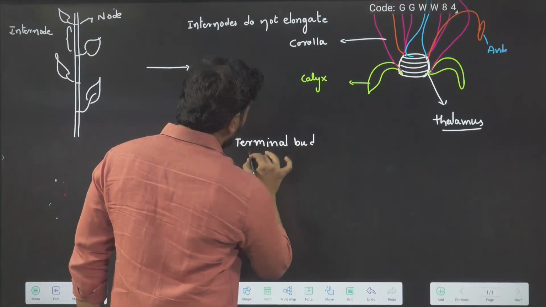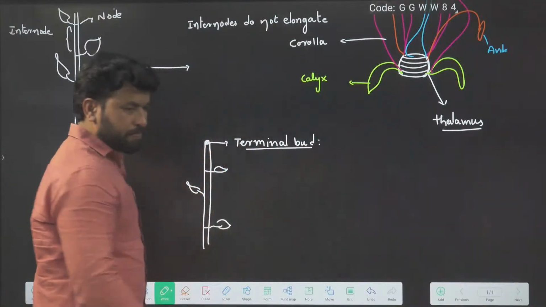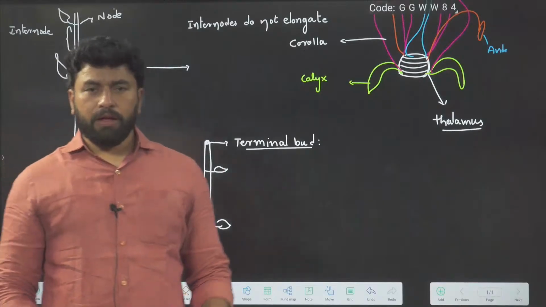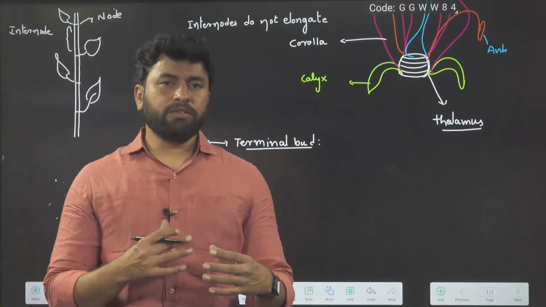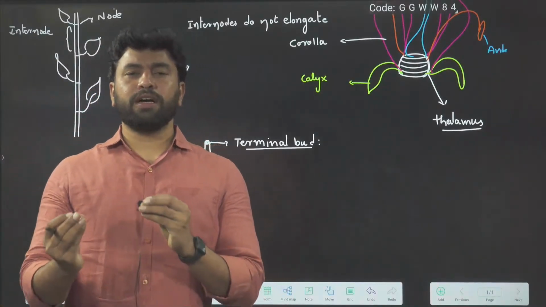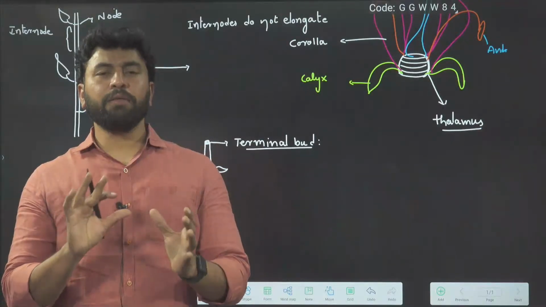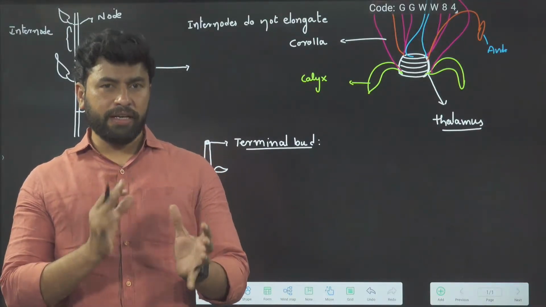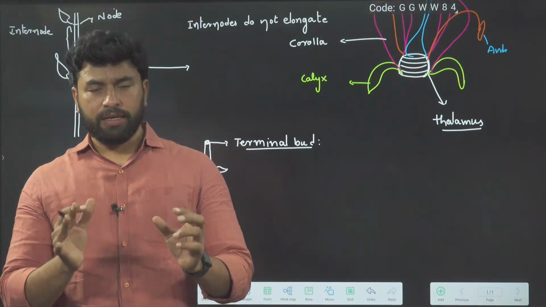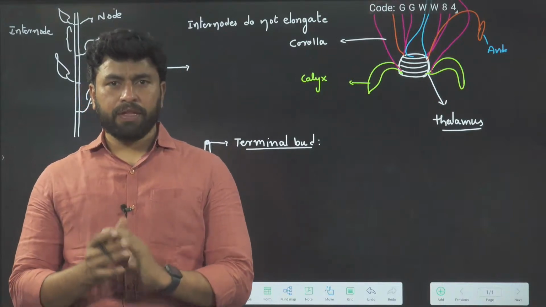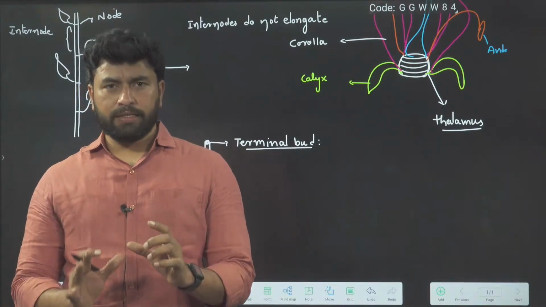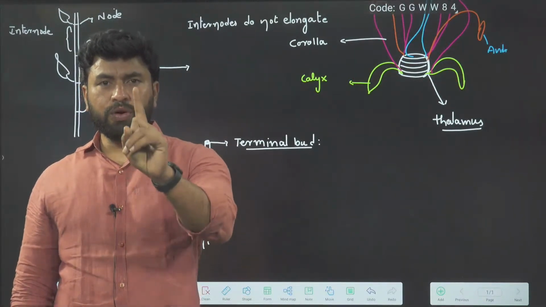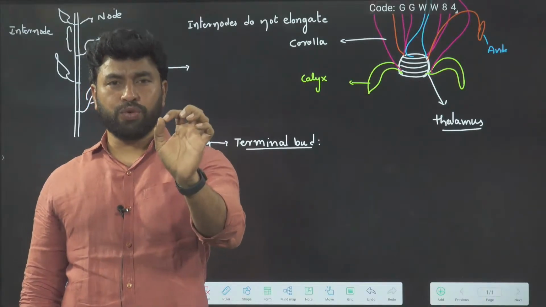If a terminal bud is modified into flower, remember, on a stem we can see many flowers arranged together, or many flowers arranged in a particular order. But sometimes there are certain kinds of plants that produce only one flower from their shoot tip.